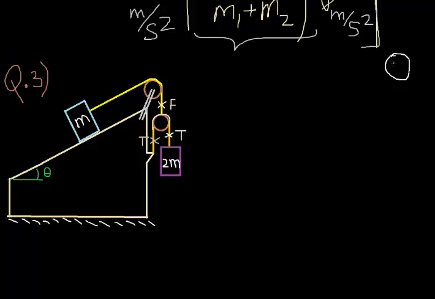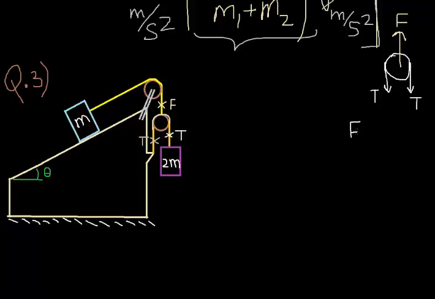So if I draw the free body diagram of the pulley, then there is a tension downwards over here, and there is a tension downwards on the right side also, and then there is a force F upwards. Since the pulley is at rest, it's not accelerating, and since the acceleration is 0, we can say that the total force on the pulley is 0.